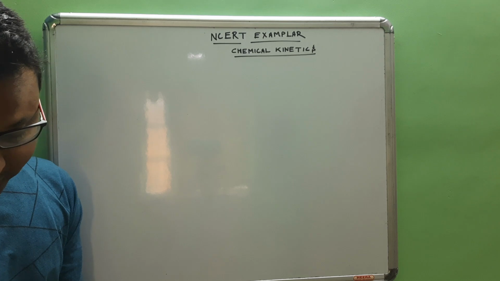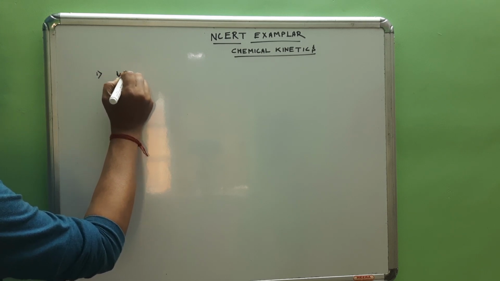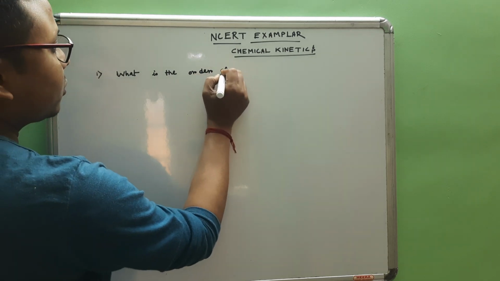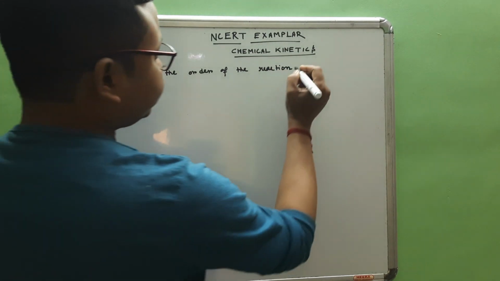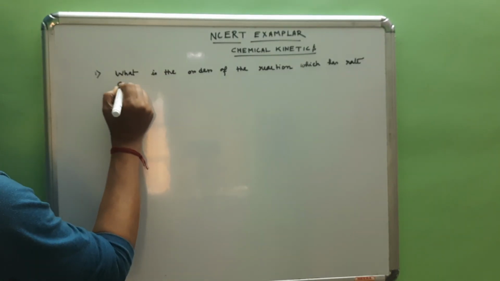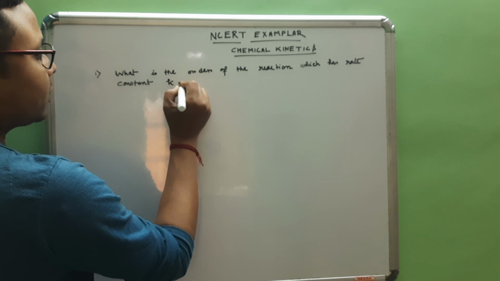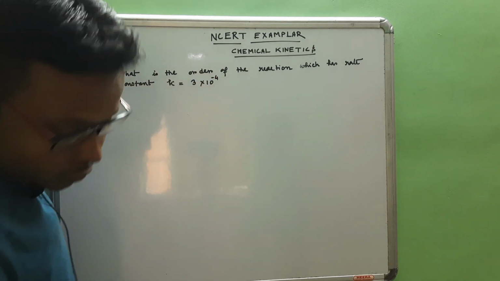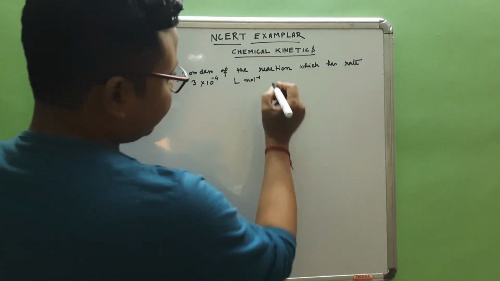Okay. So first of all, what is the order of the reaction which has the rate constant k equals 3 into 10 to the power minus 4 liter mole inverse second inverse?